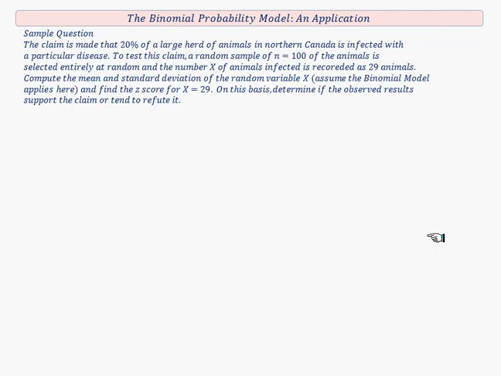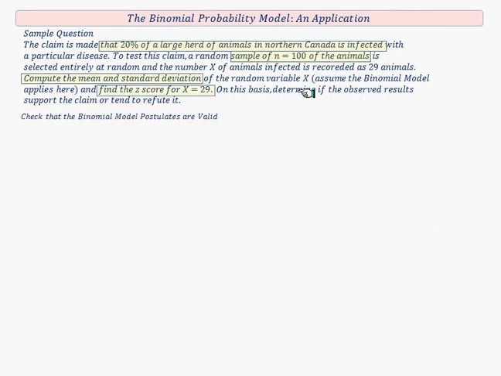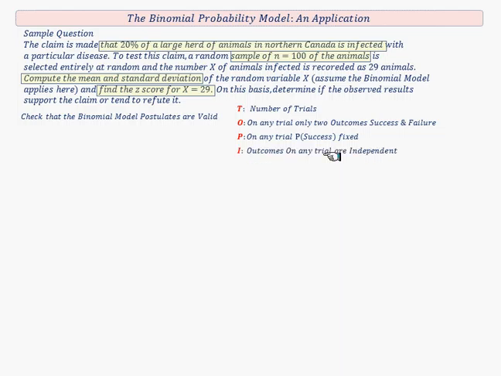Now we're going to look at an application of this. We have the claim that 20% of the large herd of animals in northern Canada are infected, and we take a sample of 100. Assuming this claim is correct, 20% infected, we can check that the postulates of the binomial random variable are met here. Theoretically, this is an infinite population, enabling us to make these claims.